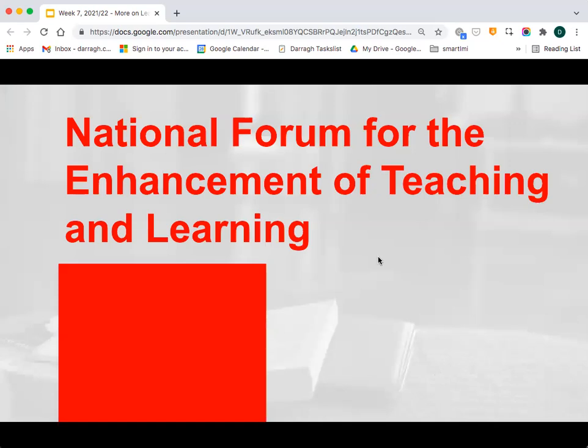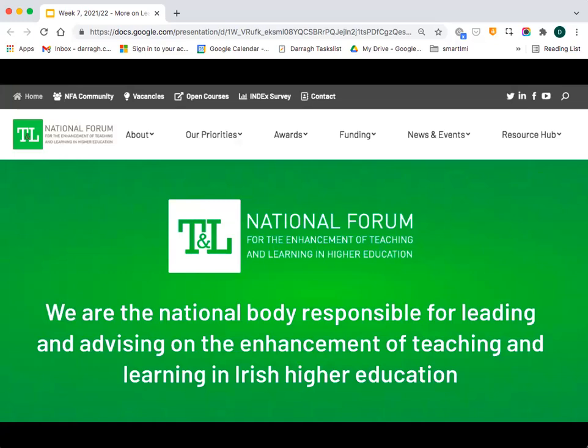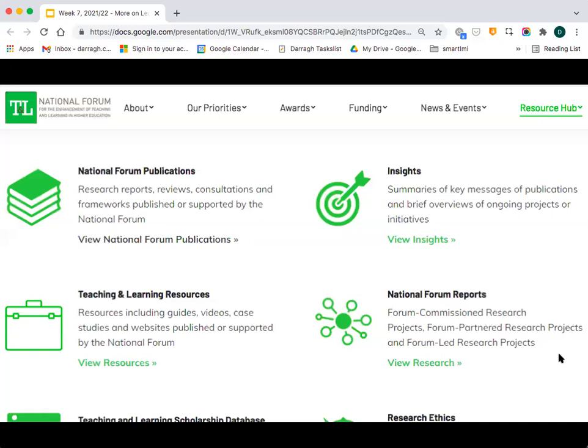If you'd like to know a little bit more, a resource I would recommend, at least in an Irish context, is the National Forum for the Enhancement of Teaching and Learning, the national body leading out in terms of higher education and learning in Ireland. They are useful because they have a lot of resources in relation to all of this, and a great number of reports and guidelines.